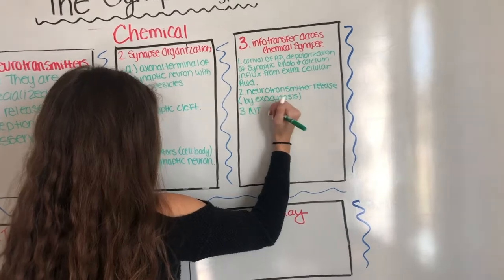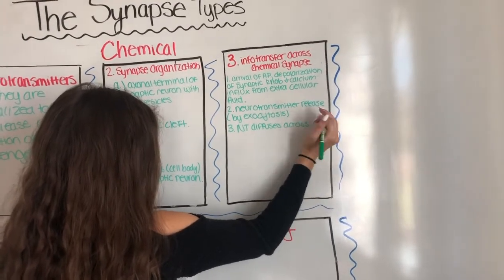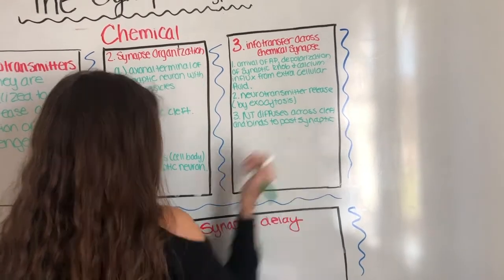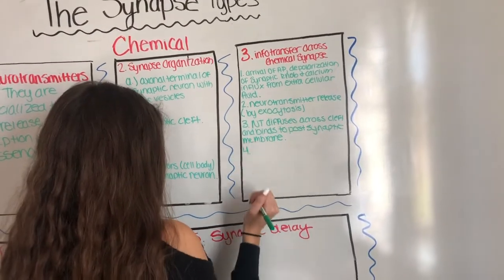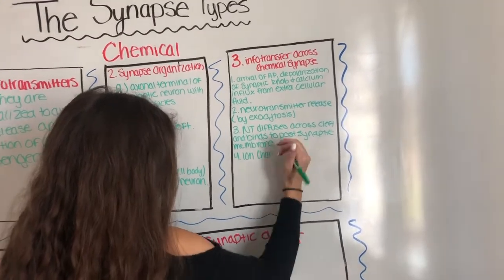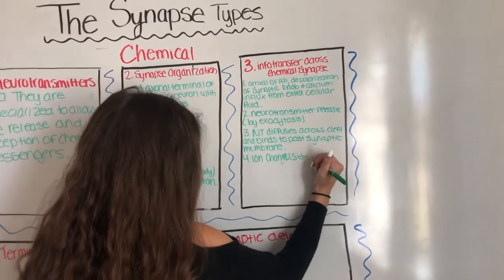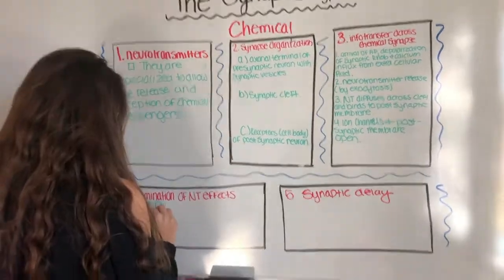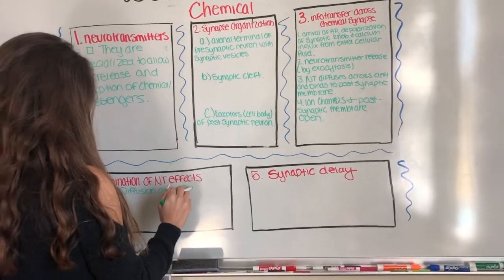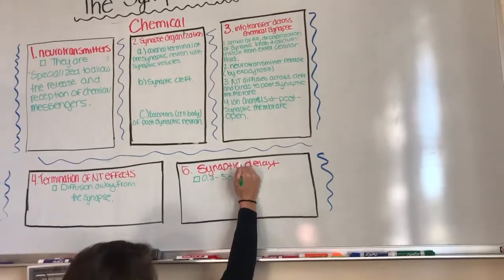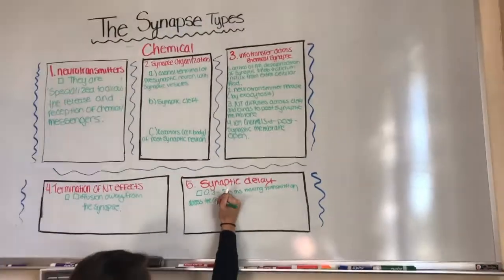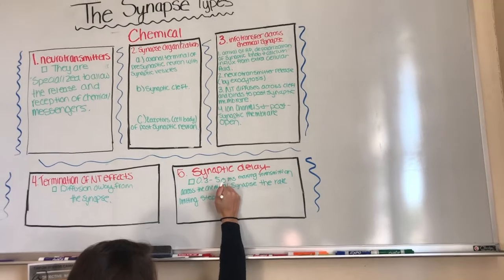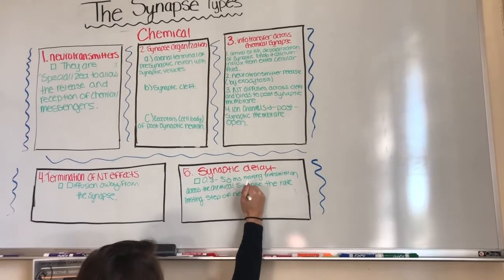Neurotransmitters diffuse across the synaptic cleft and bind to specific receptors on the postsynaptic membrane. Ion channels then open. Neurotransmitters then diffuse away from the synapse. Synaptic delays last 0.3 to 5 milliseconds, making transmission across the chemical synapse the slowest step of neural transmission.